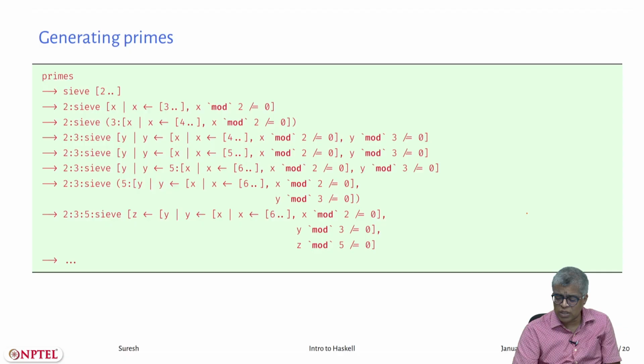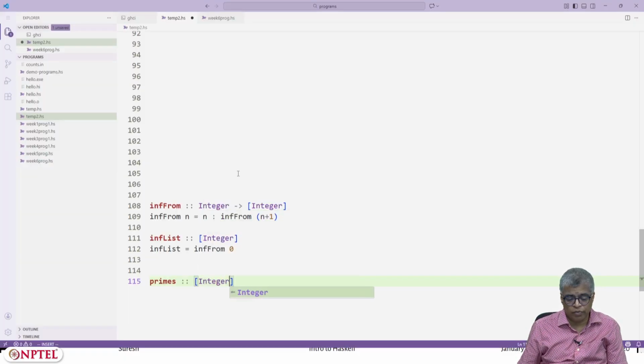I'll stop with this, but before I go, I'll actually program the primes, and take the first 1000 primes, let us say, just for you to see in action how this happens. Primes is an infinite list of integers.